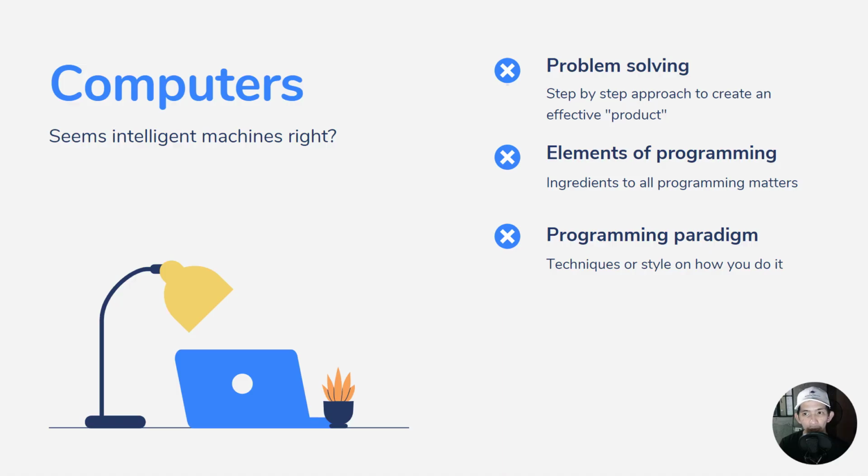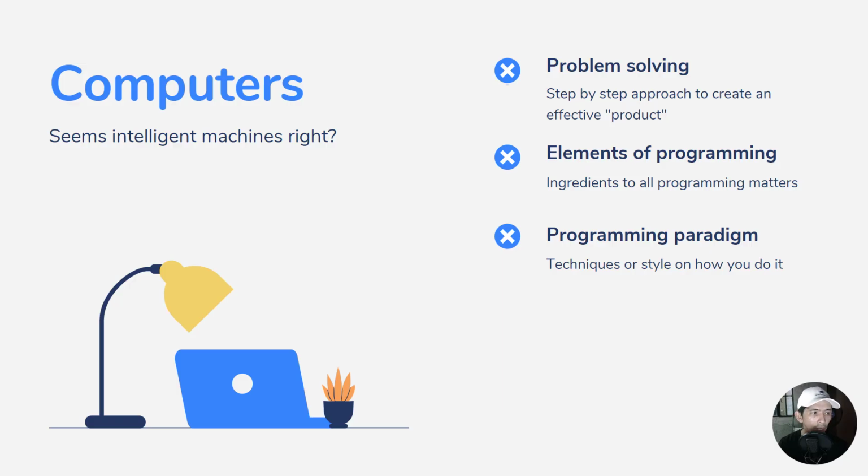Ito yung mga ginagamit natin kapag tayo ay nagpo-program. And then, lastly, we have programming paradigm. Pag sinabi nating paradigm, ito yung technique, ito yung style on how you do it. Okay, so basically, why we use techniques, why we use style, we will have more insights with regards to this topic later on.